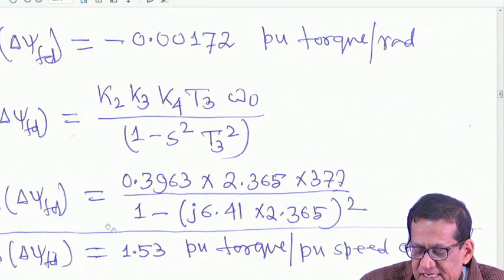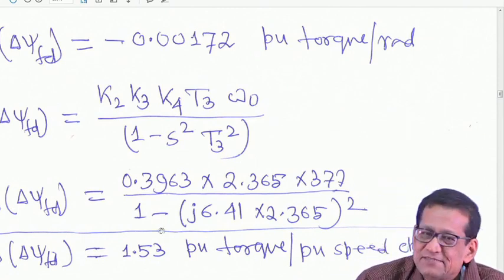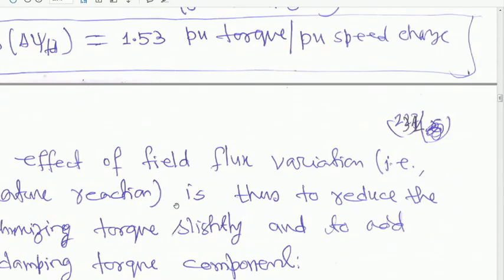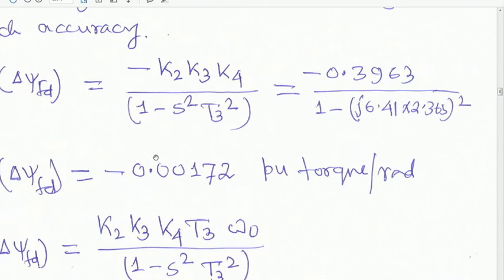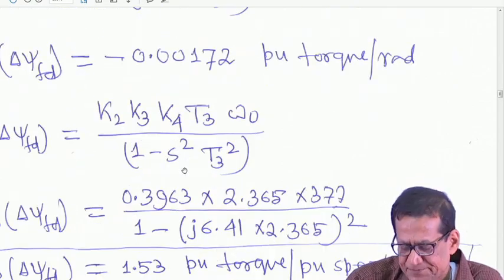If you simplify, K d delta psi f d is 1.53 per unit torque per unit speed change, a dimensionless quantity. Therefore, the effect of field flux variation, that is the armature reaction, is to reduce the synchronizing torque slightly and to add a damping torque component, because K s is minus 0.00172, which is negative, so it will slightly reduce K1.